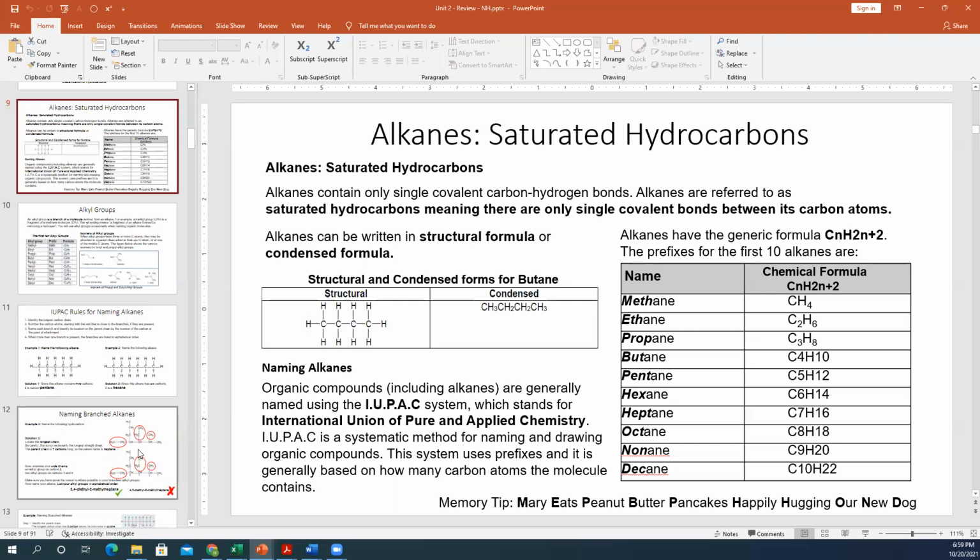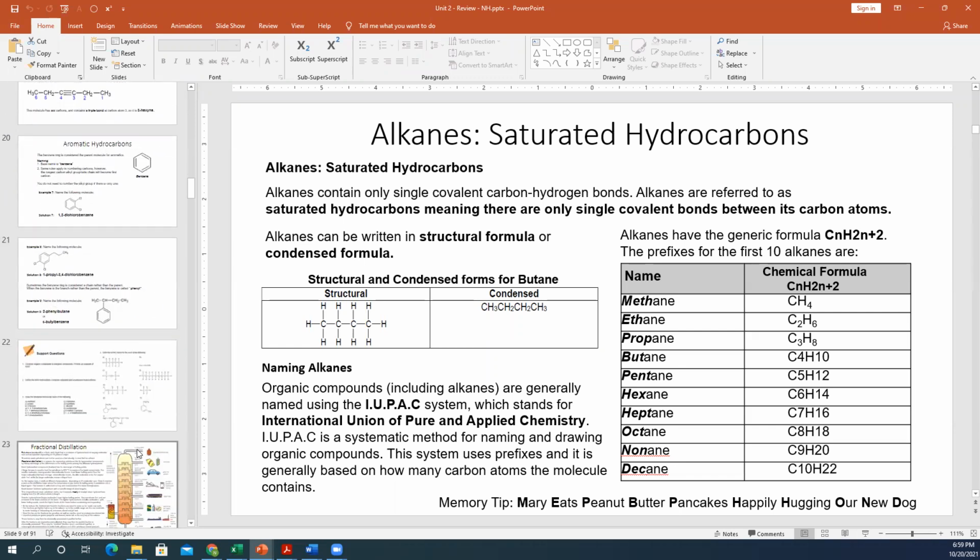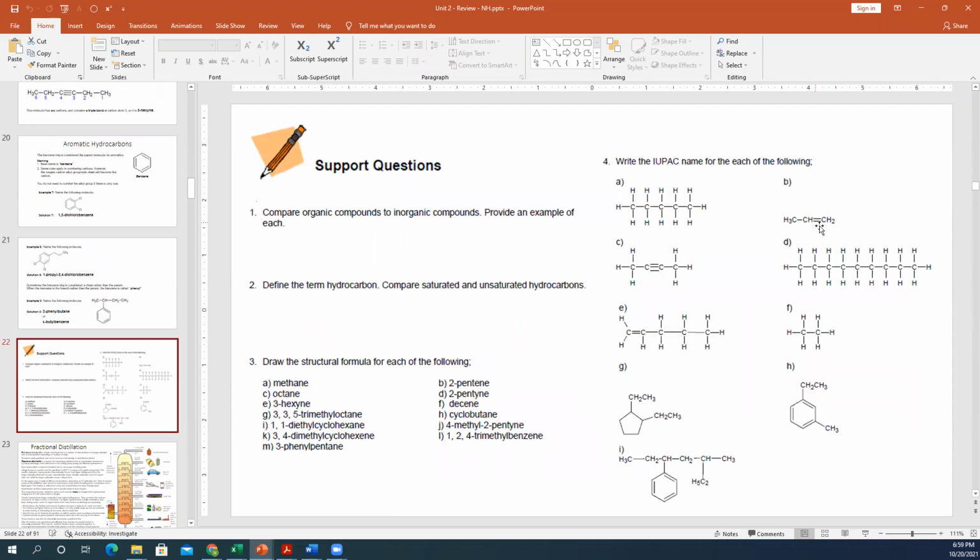And since we see that that had 3 carbons on it, it's a prop. And then because we see that it has a double bond, double bonds are given the ending "ene." So instead of propane, this would be propene.